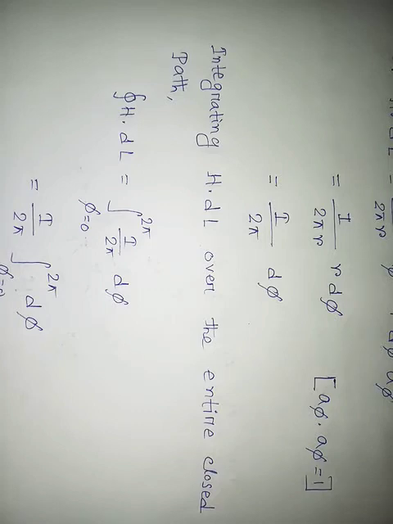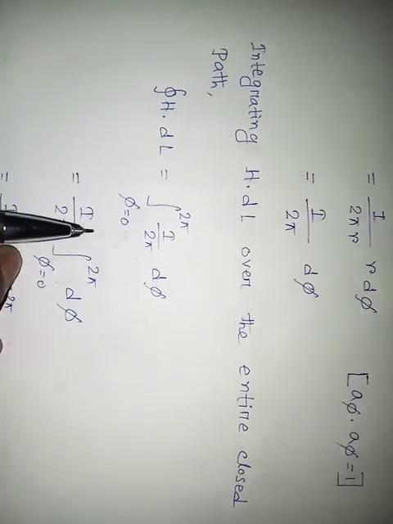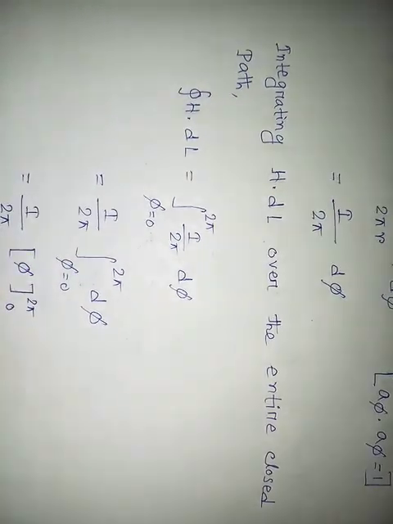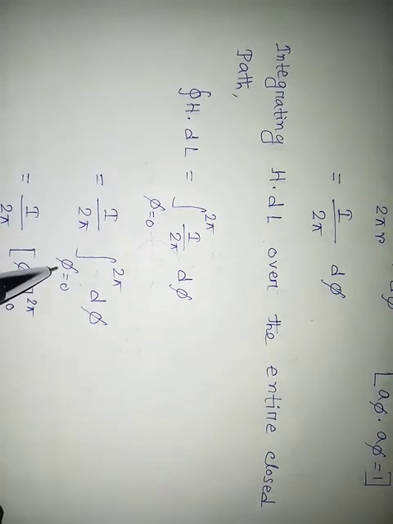So only one angle is created, and the total angle of a circle is 360 degrees or 2 pi in radians. So 0 to 2 pi is our integration limit, which shows it is also a closed path, for I divided by 2 pi d phi. I divided by 2 pi is a constant part, and we integrate phi from 0 to 2 pi of d phi.